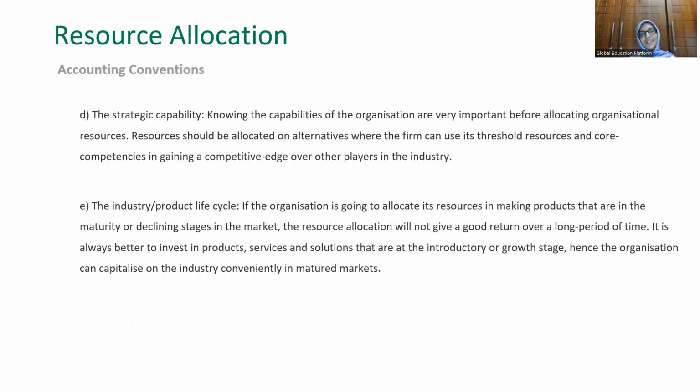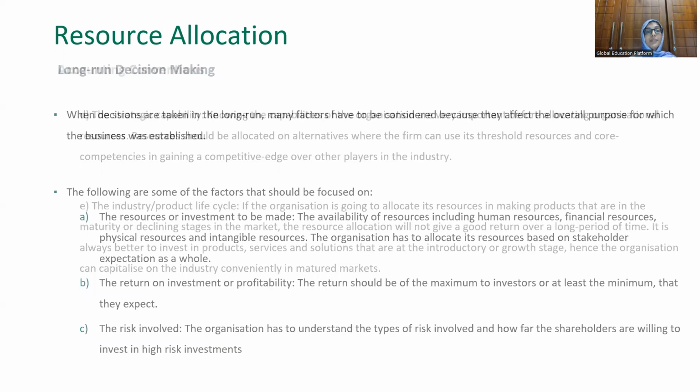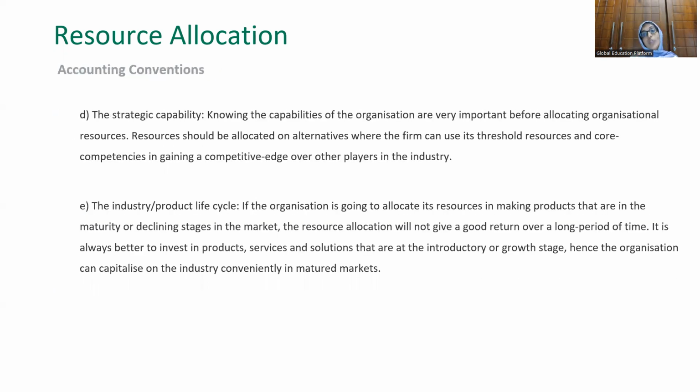Sorry. So the other factor that will be focused on would be the strategic capability. Knowing the capability of an organization is very important before allocating organizational resources, because resources should be allocated on alternatives where the firm can use its threshold resources or core competencies in order to make sure that they will have their competitive edge over the other players of the industry.